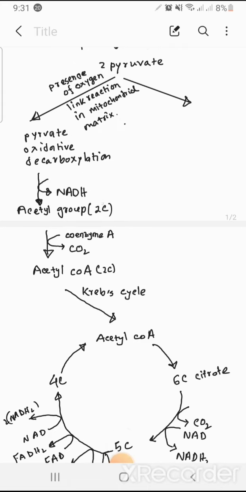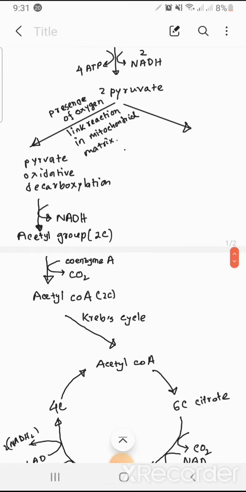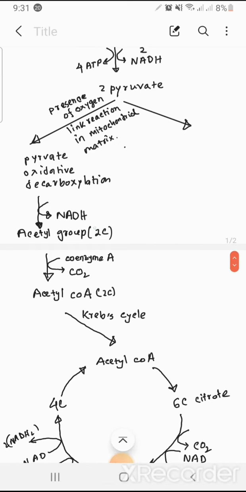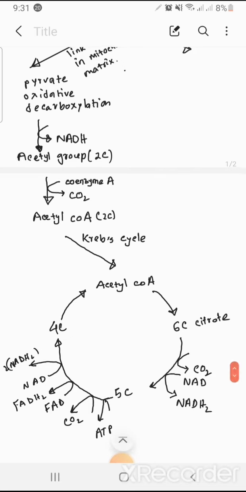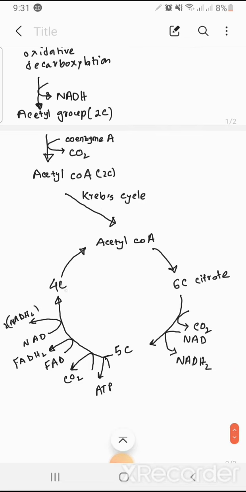So this pyruvate becomes an acetyl group. Now why is it called oxidative decarboxylation? Because pyruvate releases carbon and becomes an acetyl group. This acetyl group then reacts with coenzyme A and becomes acetyl CoA, and then this acetyl CoA goes into the Krebs cycle. In the Krebs cycle, acetyl CoA reacts with a 4 carbon molecule to become a 6 carbon molecule called 6C citrate.